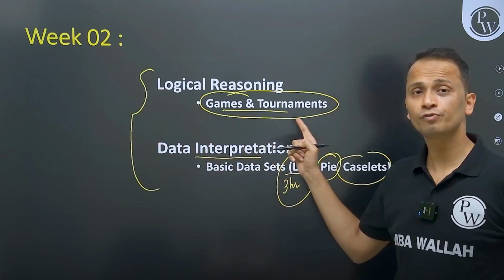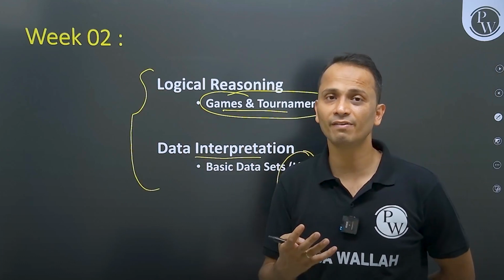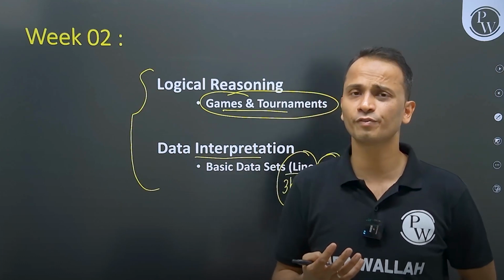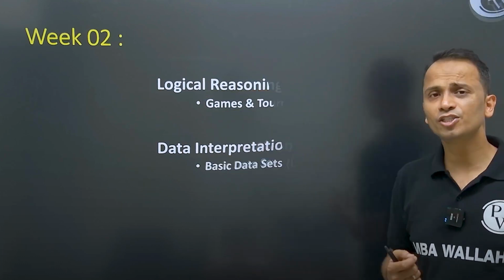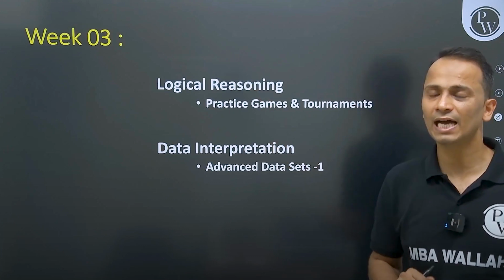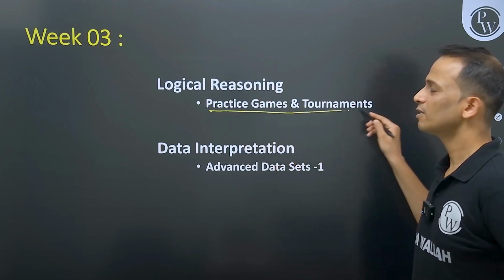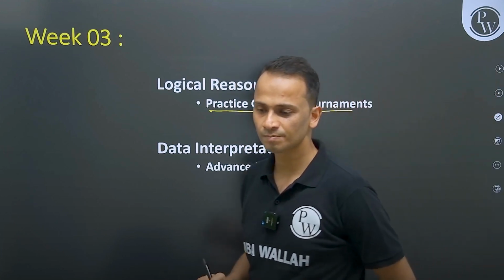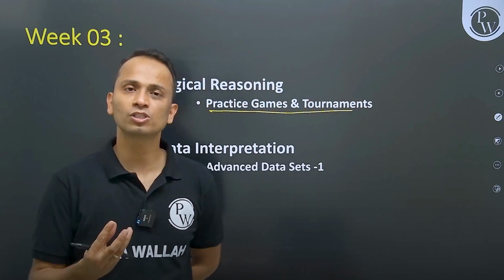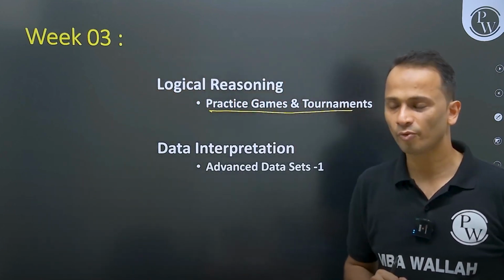I'm not asking you to practice a very high level of difficulty of questions of games and tournaments, because I've continued this in week 3 as well. So practice questions of games and tournaments. You can select 3-4 sets which have already appeared in the previous year papers of the CAT examination, right?